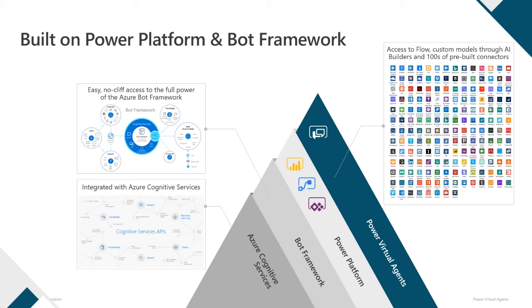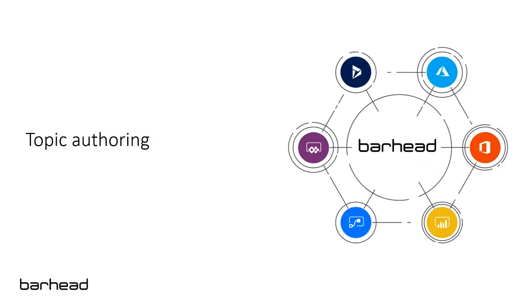So that's the summary then of the Power Platform, the Power Virtual Agents, the broad statement of intent and capability, where it fits into all of those things, and what's going on underneath the hood that you can leverage. So now I'm going to go through the capabilities of what you can do with Power Virtual Agents.